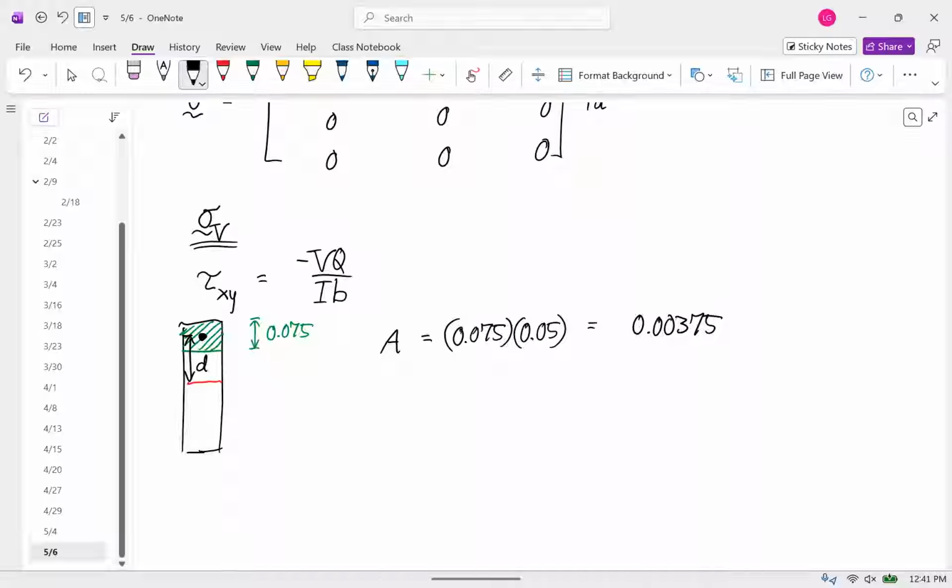So that's 0.075 plus half of another 0.075. Okay, so this D is 0.1125.